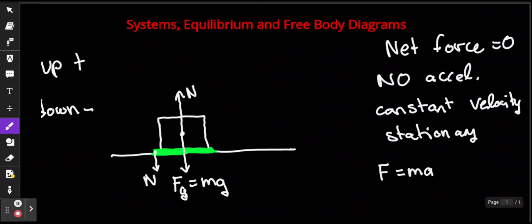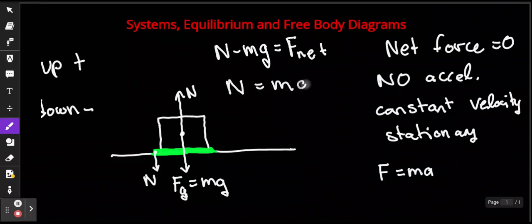Again, considering upwards positive and downwards negative, N minus mg is going to give us our net force. Since we're stationary when we stand on a scale, we know that our F net has to be 0. That tells us that N equals mg.